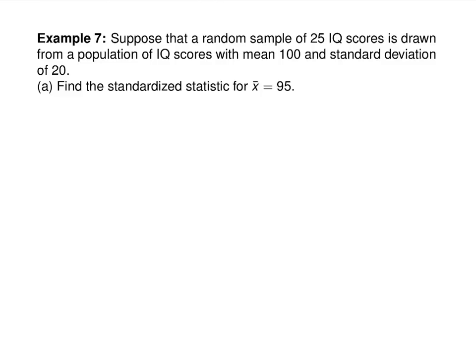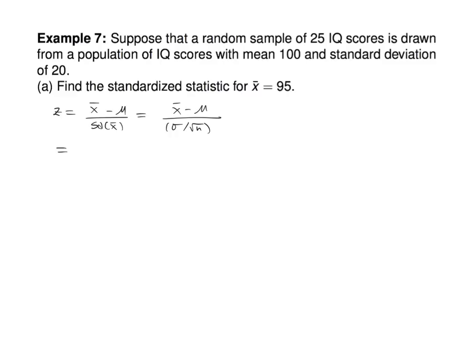So suppose that a random sample of 25 IQ scores is drawn from a population of IQ scores with mean 100 and standard deviation 20. Find the standardized statistic for x bar equals 95. So once again, z is x bar minus mu over sigma divided by root n.